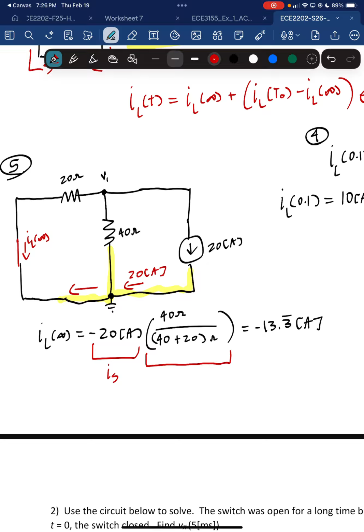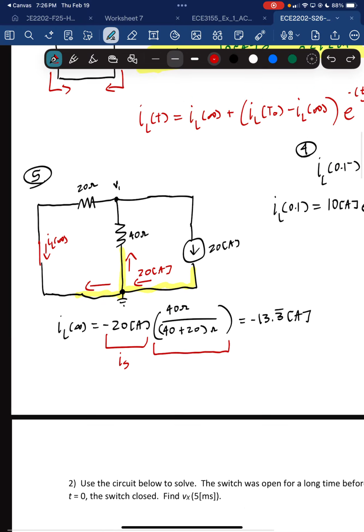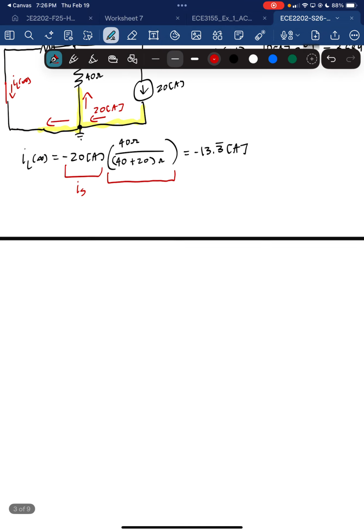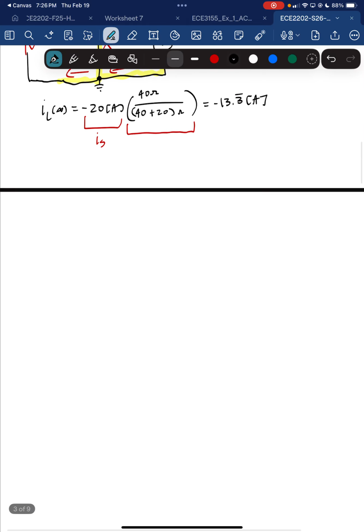Likewise, if we were to solve for the current going through the middle branch and left it positive, we would be solving for the current going up. Because that's just how current divider works. You have your source current entering, and the currents that you're solving for are leaving the junction that your source current is entering. So if you have a current that you're trying to solve for that is entering the same junction as your source current, you have to include a negative sign. Make sense? Cool.